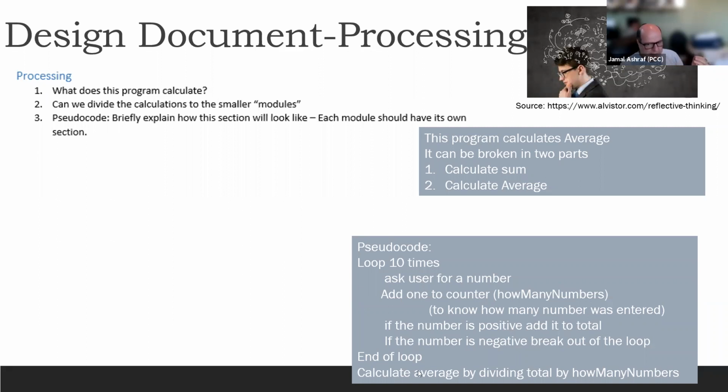Now, after the loop, I'm going to divide by the number. But now I notice that, wait a minute, not every user is going to put 10 numbers. Even though my loop is 10, I can potentially break out of this loop. So I need to know how many numbers the user put. So what do I do?